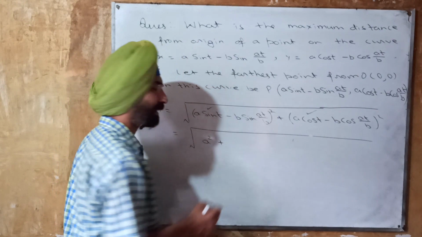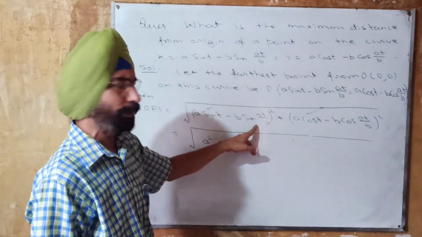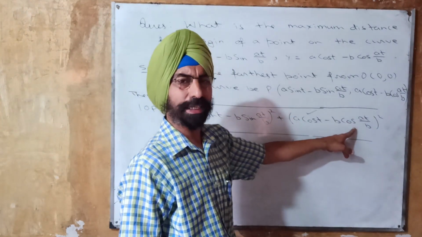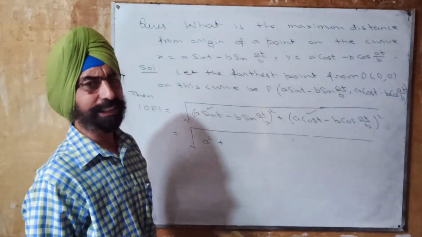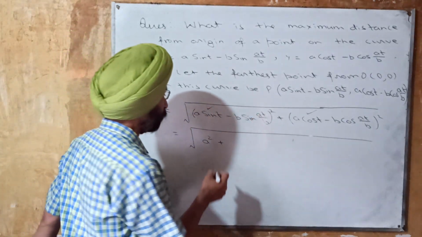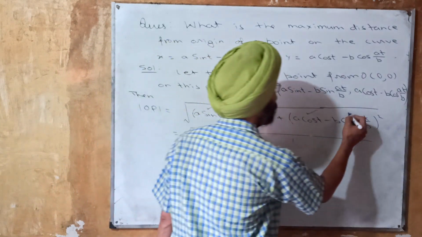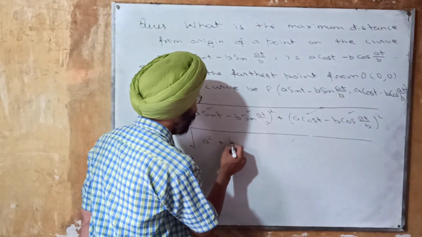Similarly, the second term is b square sin square at upon b, and here it is b square cos square at upon b. Once again, b square will be common and sin square at upon b plus cos square at upon b will become 1. So the second term of the first bracket and the second term of the second bracket, when summed up, will give you b square.